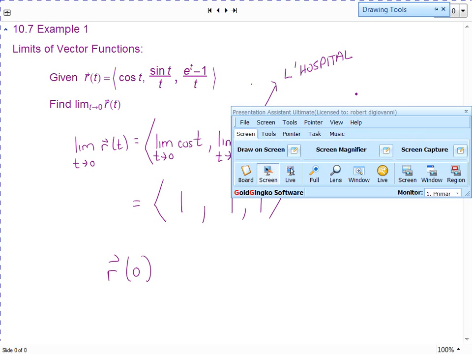I'll resolve it right now. I always use the L or the H over the equal sign. There's an S. You don't pronounce it, you don't say it, but it's L'Hôpital.